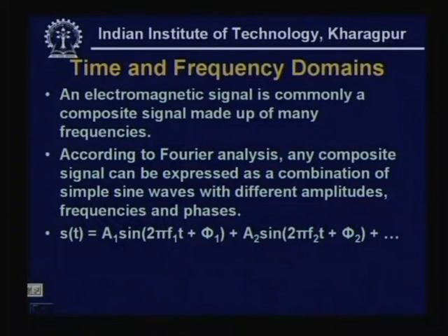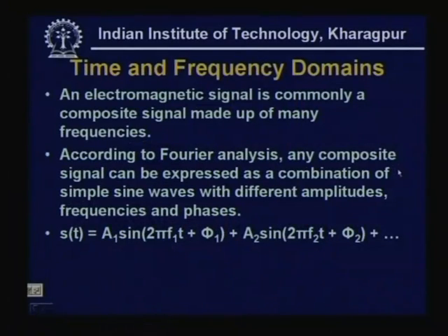And whenever a signal is complex, by virtue of the variation of parameters like amplitude, phase and frequency with time, it becomes a composite signal. According to Fourier analysis, any composite signal can be expressed as a combination of simple sine waves with different amplitudes, frequencies and phases.